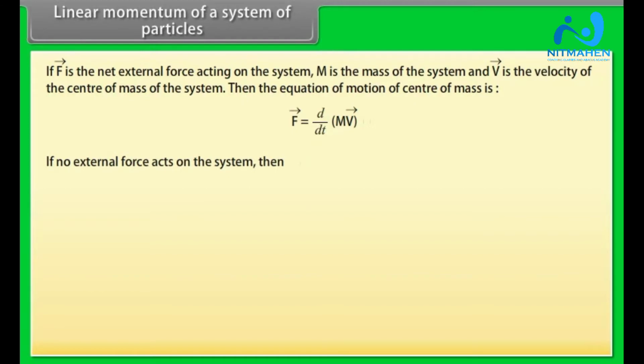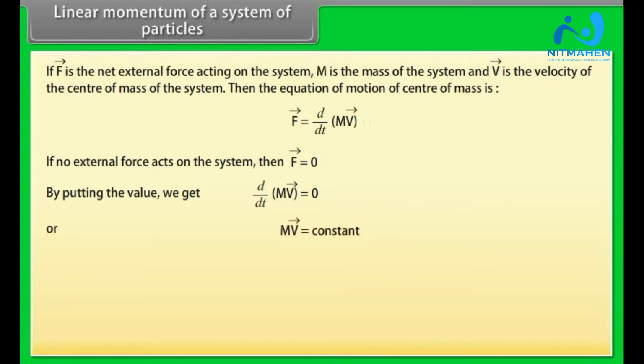If no external force acts on this system, then the F vector will be equal to 0. By putting the value of F vector in the above equation, we get d/dt of the product of m and v vector = 0. This equation can be written as mv vector = constant.